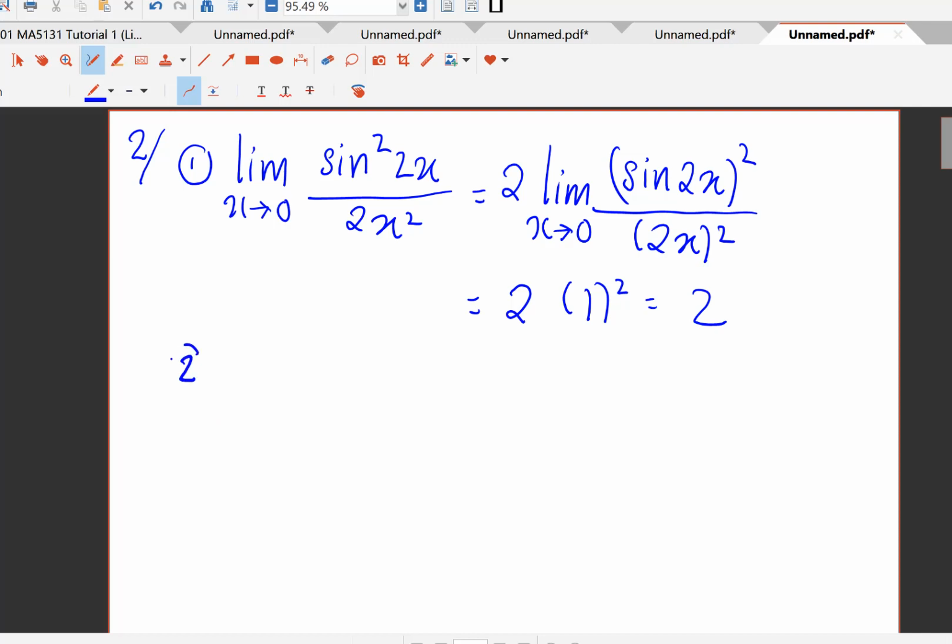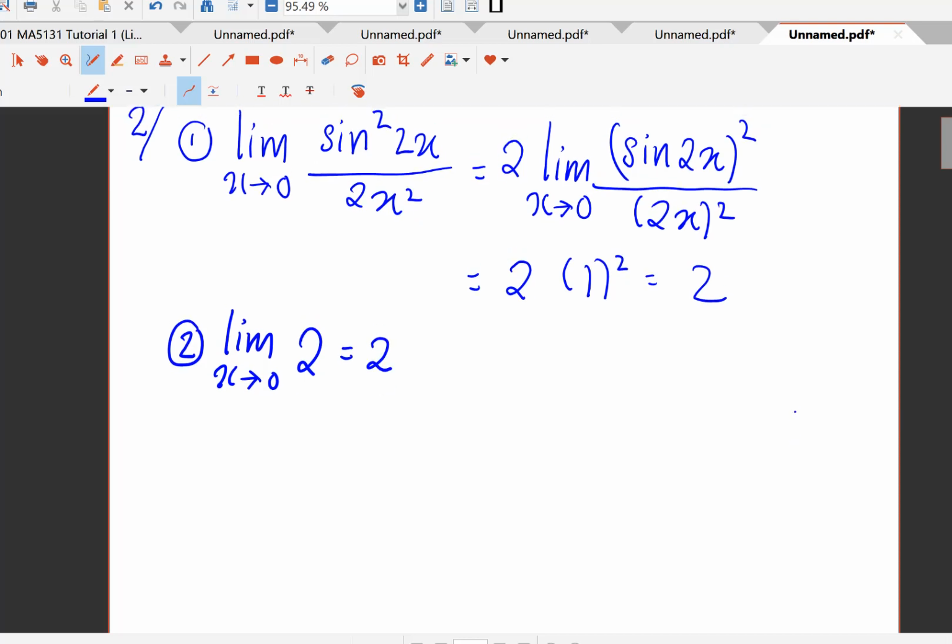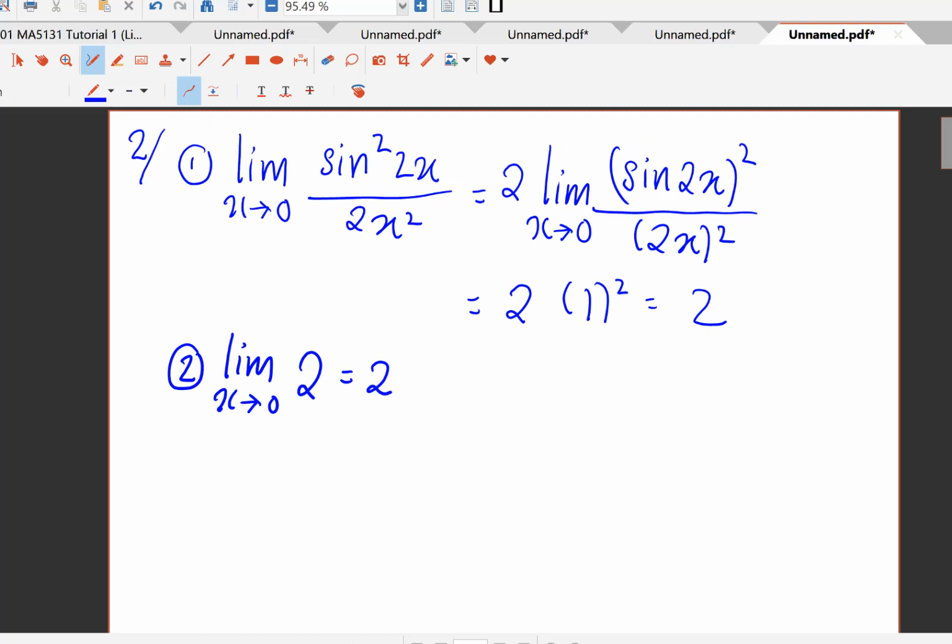Okay, for number 2, limit as x goes to 0 of the right hand side is just 2. Yup. Sure.